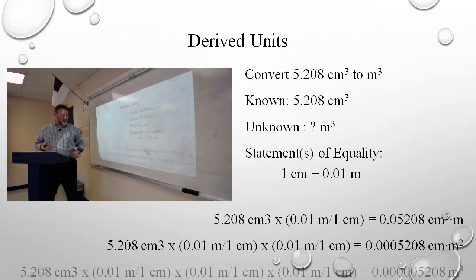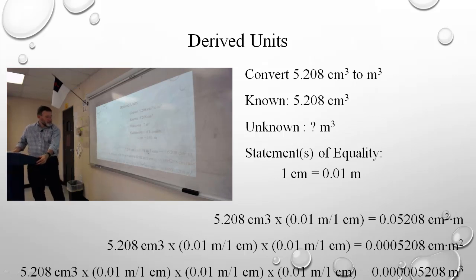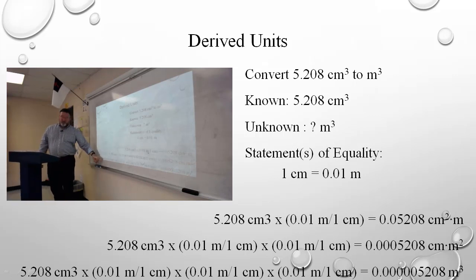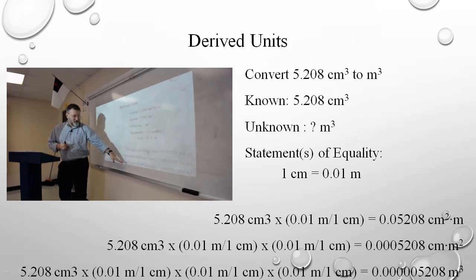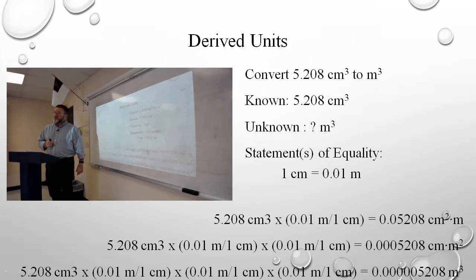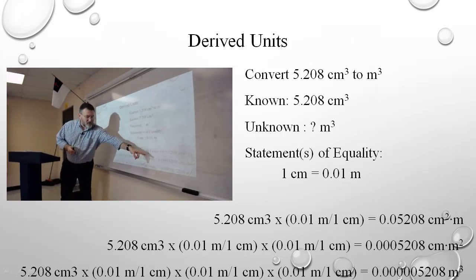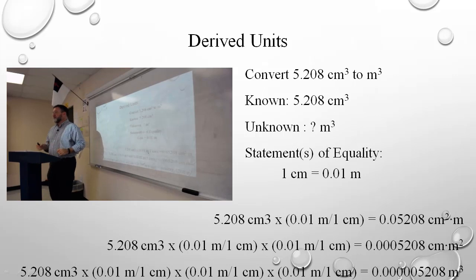So the appropriate way to solve this is to do it 3 times across. Centimeters cubed times the conversion factor of meters per centimeter gives me centimeters squared meters, times meters per centimeter gives me centimeters meters squared, times meters over centimeters, which gives me cubic meters.